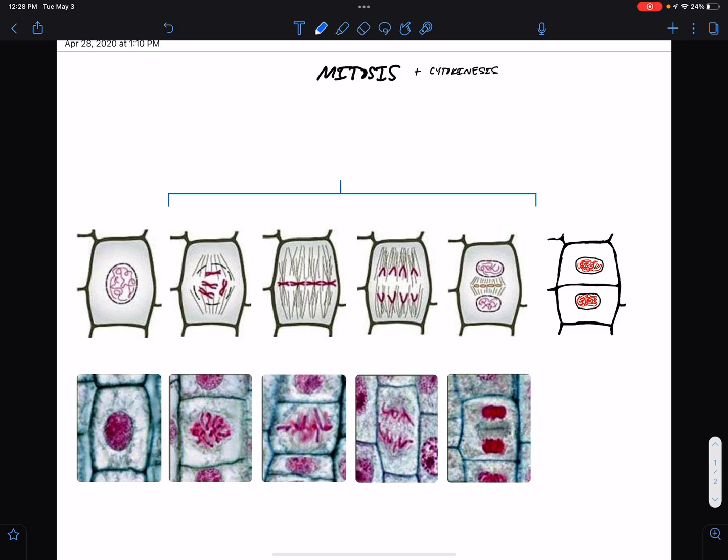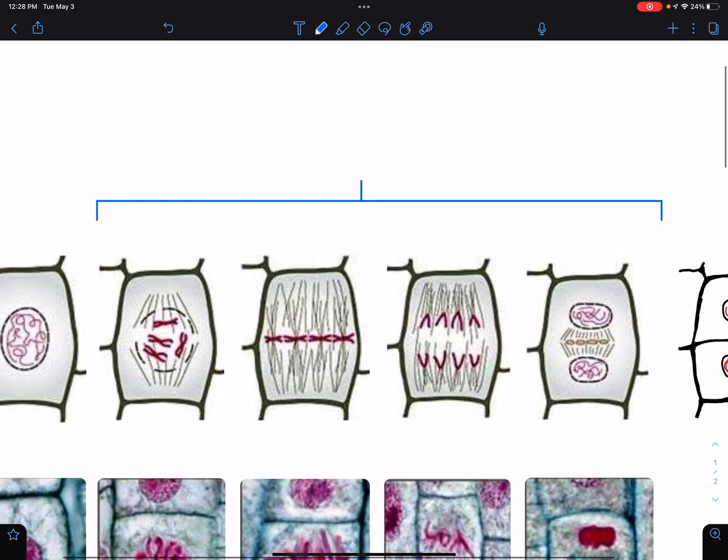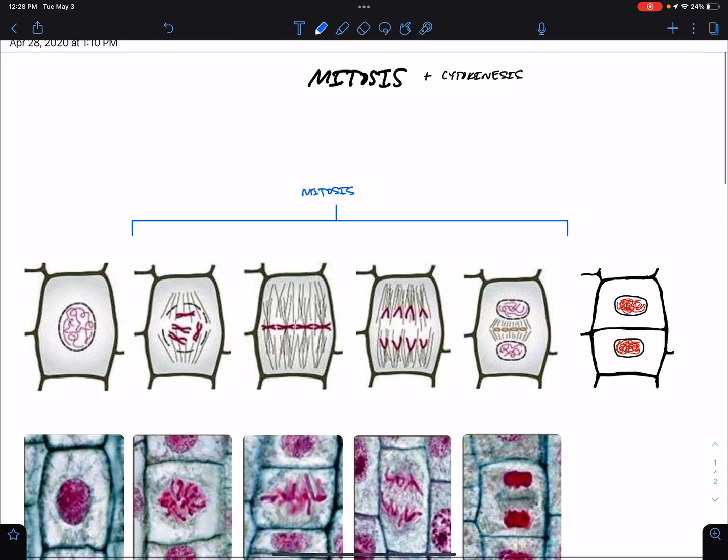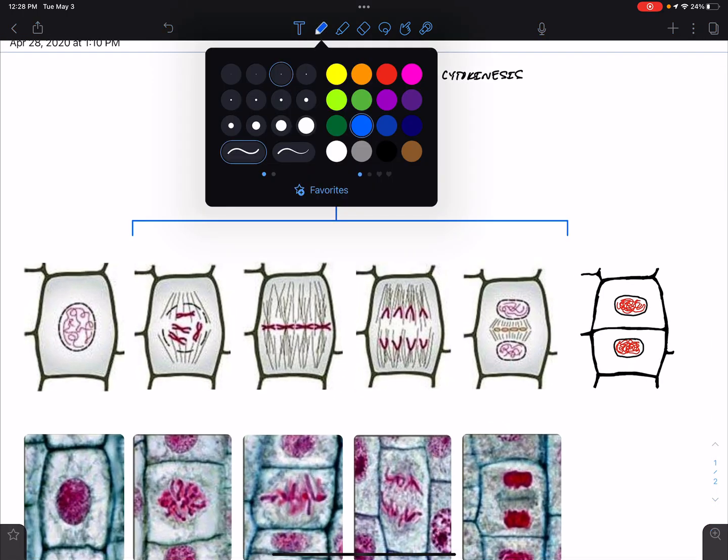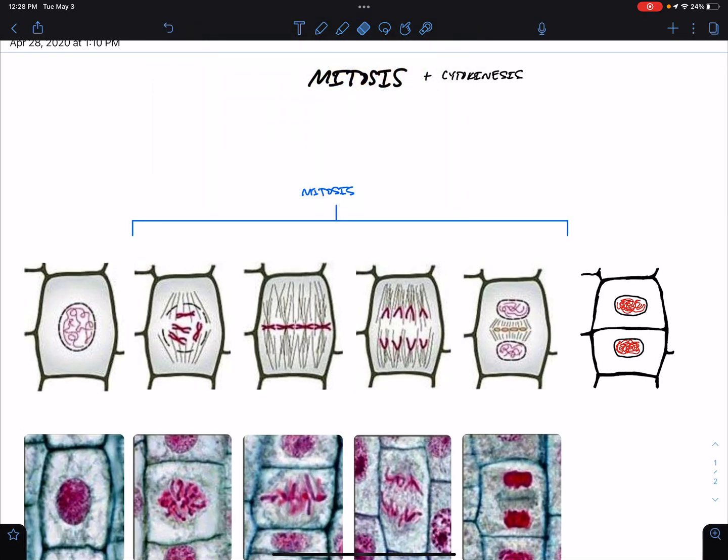First, or I guess that was at the end of the last screencast, we had mitosis. And then we had interphase.